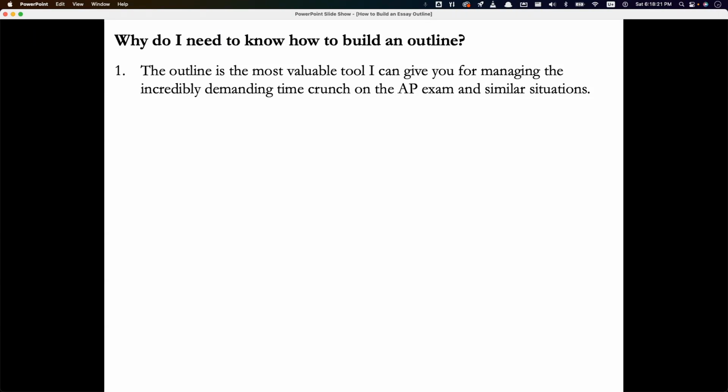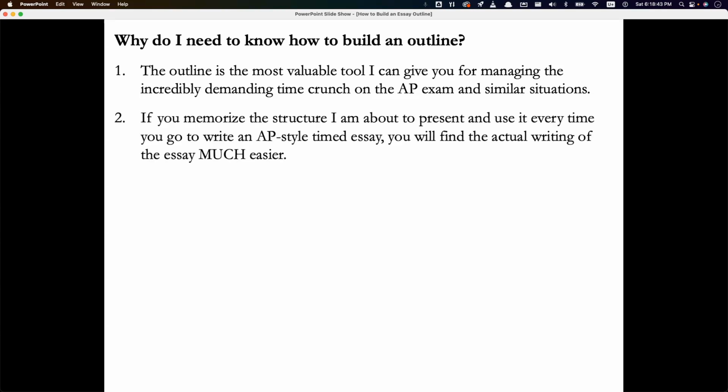The AP exam's timing, 3 essays in a little over 2 hours, is incredibly demanding. It might be one of the most demanding academic tasks in terms of time you are required to do in high school, for AP Lang, and maybe also for AP Lit if you take that. And so the outline can really make the timing seem less daunting.